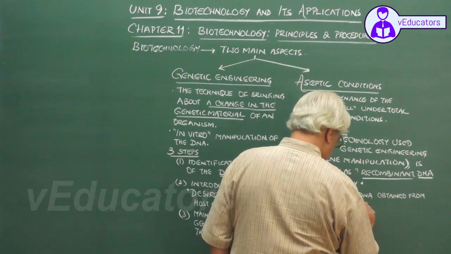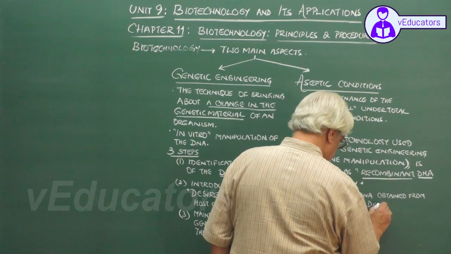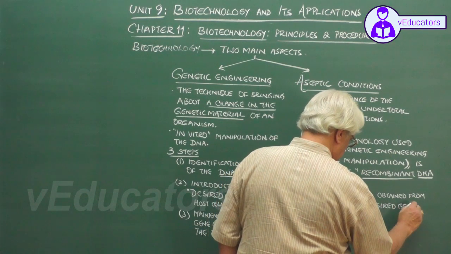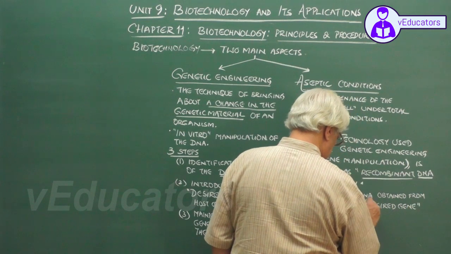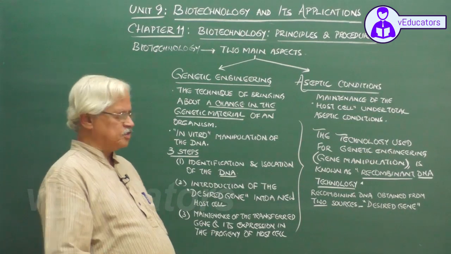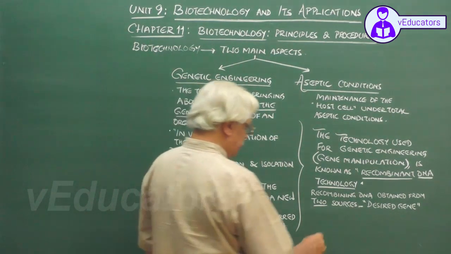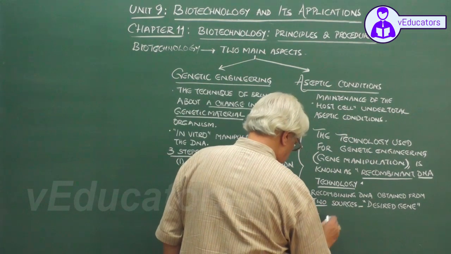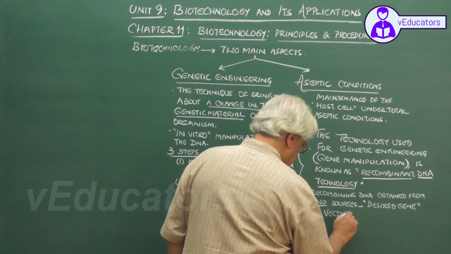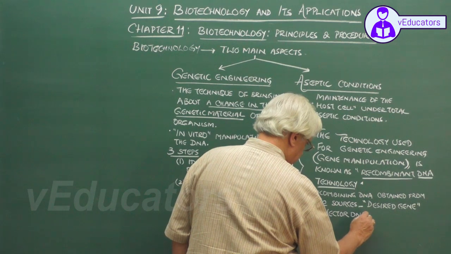One is the desired gene, which you are supposed to introduce into a new host cell, and the other one is the vector DNA.